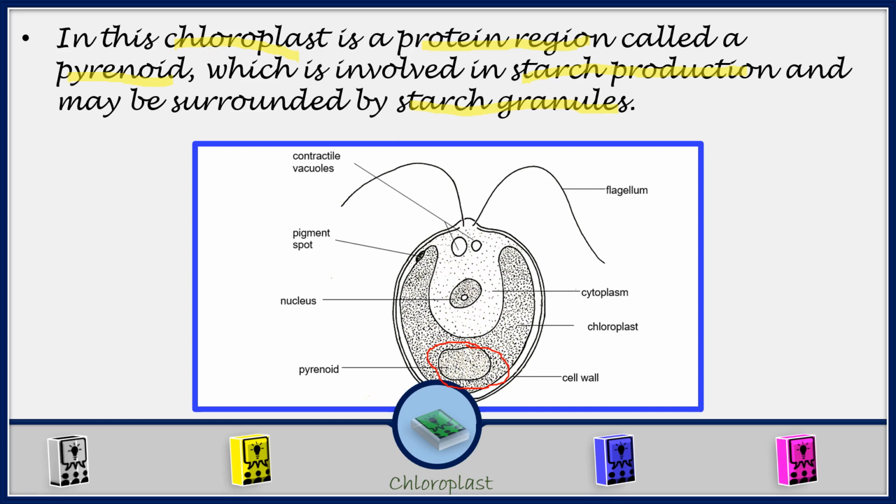It is responsible for the production of starch, and sometimes there might be some starch granules surrounding it. It is found in the chloroplast.